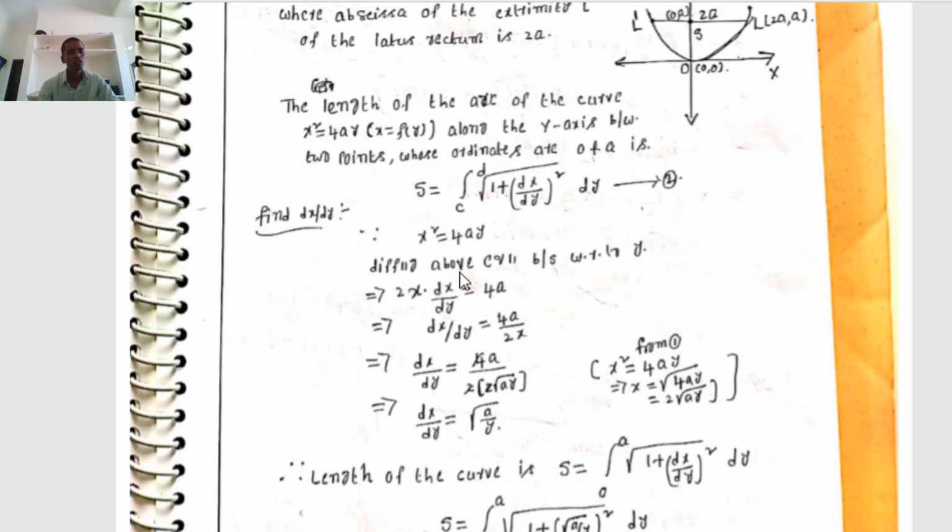Differentiating both sides with respect to y: x square gives 2x into dx by dy, and 4ay gives 4a. That implies dx by dy equal to 4a by 2x.